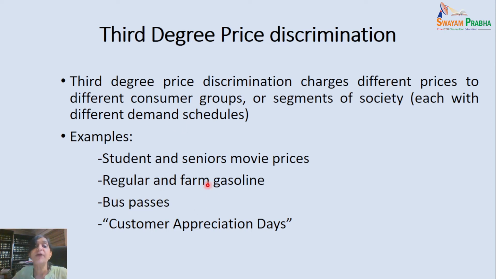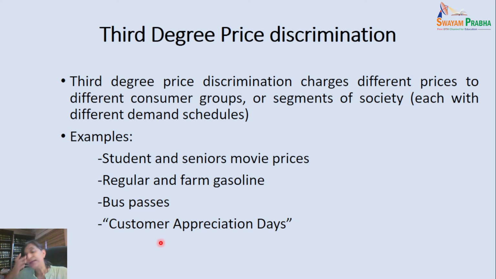Similarly, regular and farm gasoline prices. For example, the government gives certain concessions if you are using gas, fertilizer or electricity on a farm for agriculture use and otherwise. Then bus passes: if you are a student, you get certain concessions on the bus passes, and at certain times customer appreciation days are there, loyalty bonuses are given. So you divide the market on the basis of elasticity.